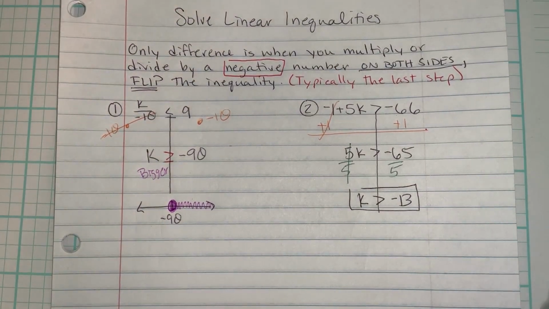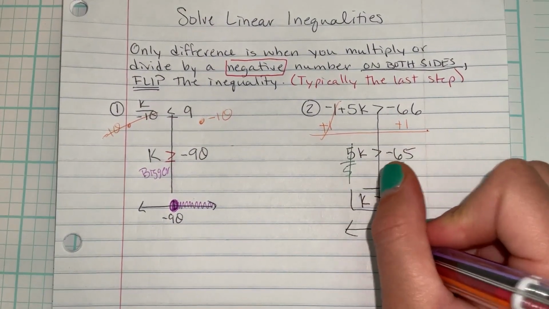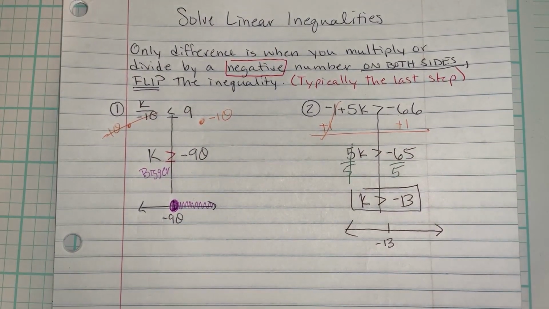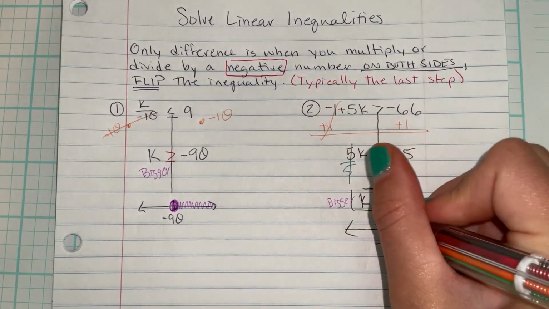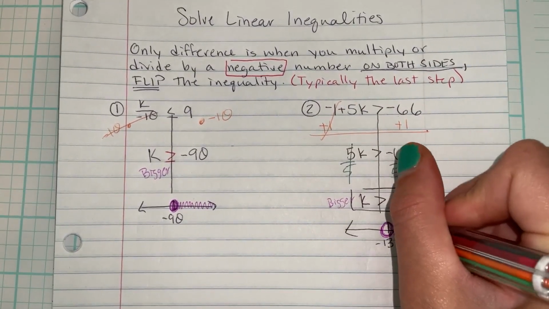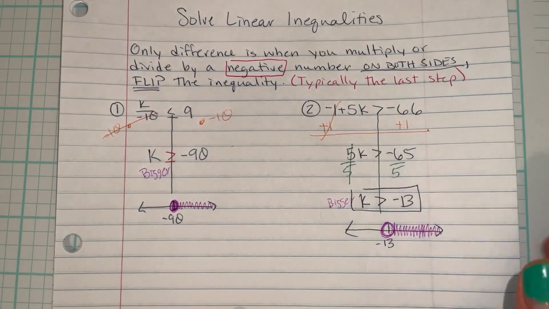All right, but I'm going to graph it. So negative 13. I have k being bigger, so I'm going to have an open dot and shading in the bigger side of that number line.